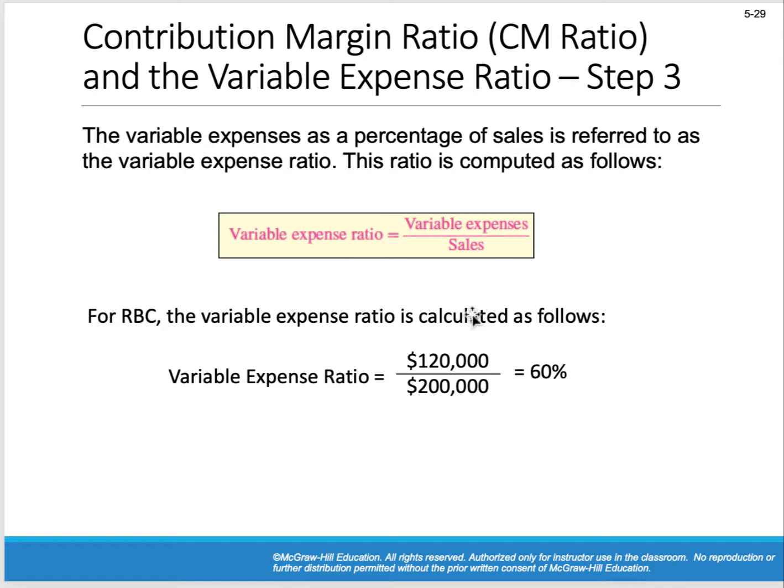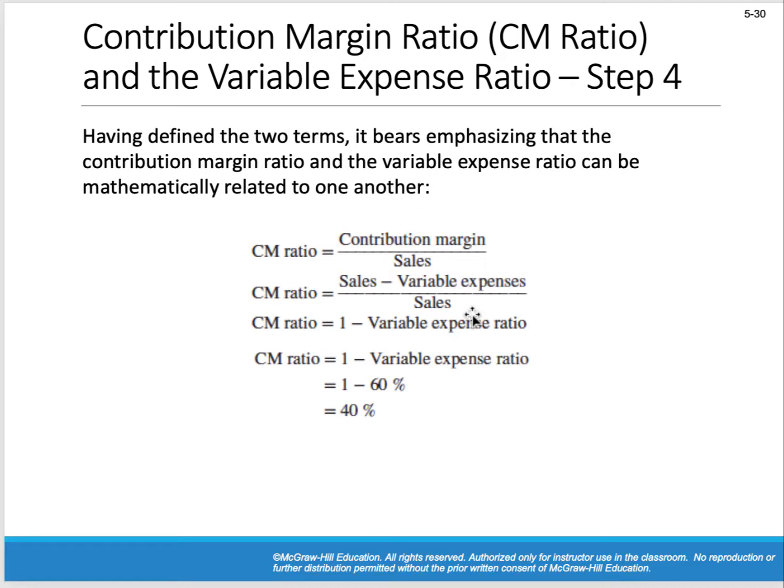How did we get that? We took total variable expenses, divided them by our sales, and we get 60%. So we can even go a step further here. The contribution margin ratio and the variable expense ratio are mathematically related to one another. How?